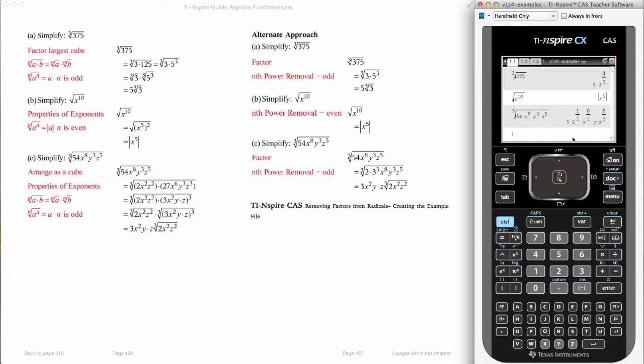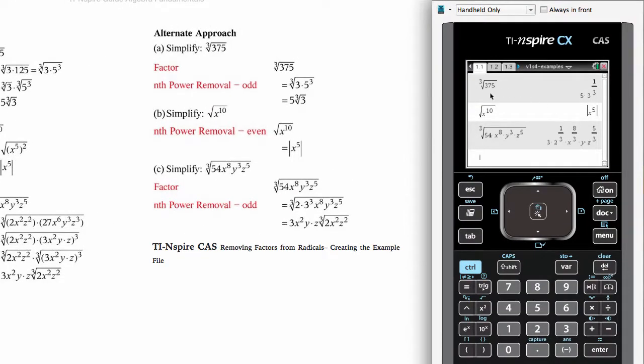Now switching over to our calculator screen, when we type the index 3 and the cube root of 375, we end up with 5 and 3 raised to the 3rd power, because again our calculator switched it over to a rational exponent. 2 goes into 10 5 times. Our calculator automatically puts in the absolute value.